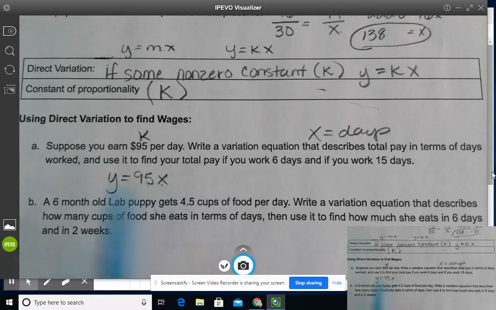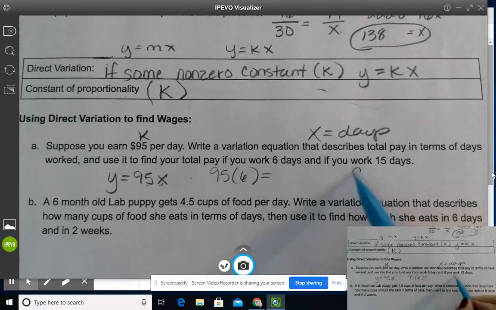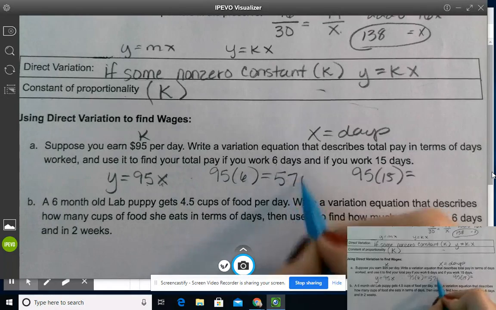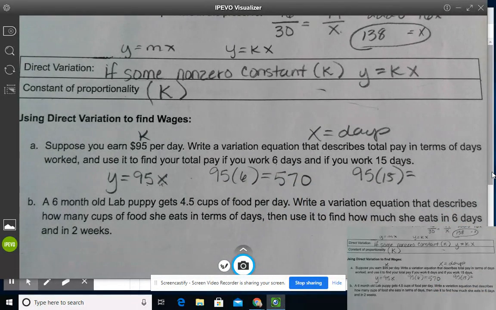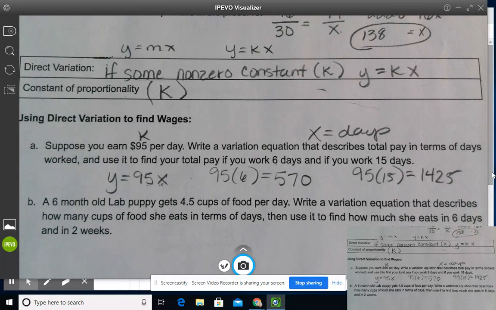So if I want to find the total pay if you work 6 days and if you work 15, then you're just plugging those numbers in here because this is based off per day. So 95 times 6 would be your answer for 6 days, and 95 times 15 would be your answer for 15 days. So 570 and 1425. So varying directly means that there's one item that we're using and it's the same item per whatever it is that we're talking about. And there is no outside plus b, if you will, that affects what the outcome is.